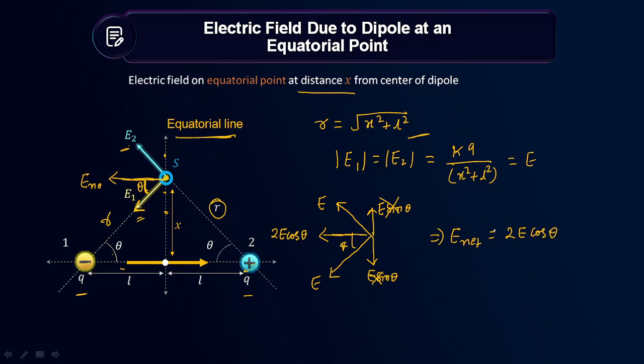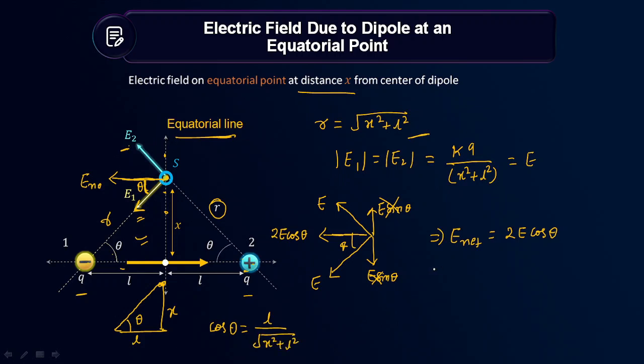Yes or no? Now consider this half triangle. This is the perpendicular bisector, the distance of the point from this point is x, and this length was L. If I want to write cos theta, it will be equal to base upon hypotenuse, that is L divided by root under x square plus L square.